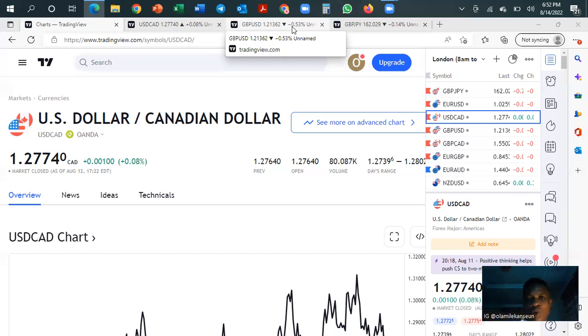The first one is a touch on the trend line, and the second way is the break and retest of the trend line.